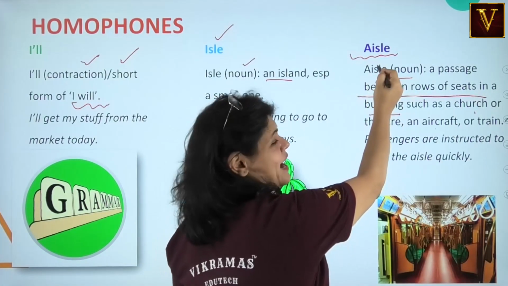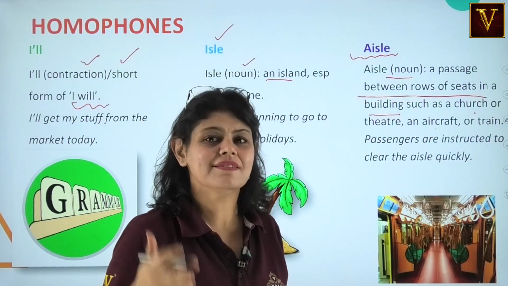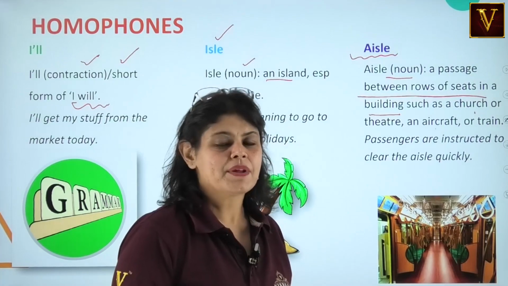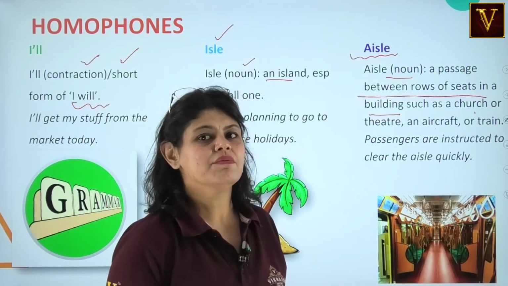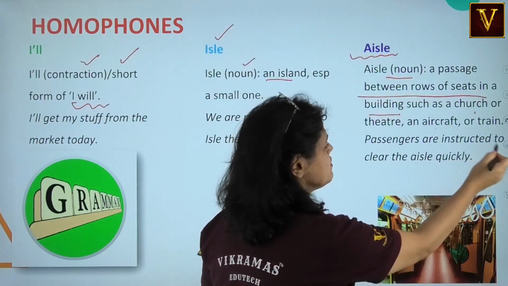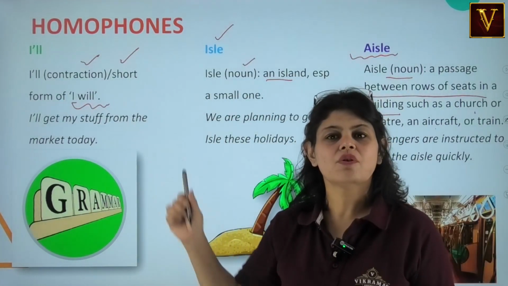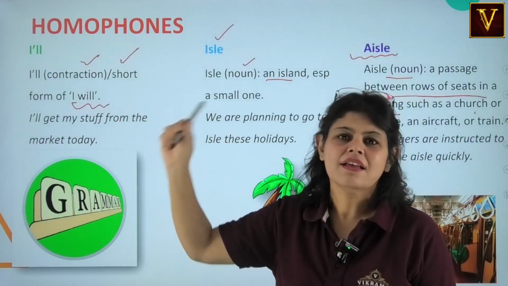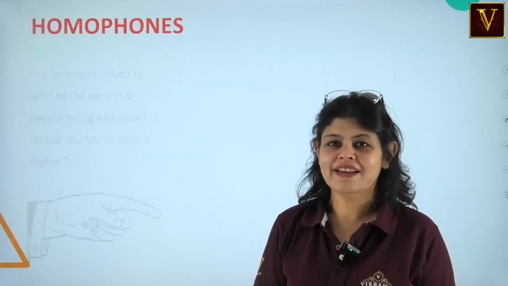Another one, A-I-S-L-E, when we talk about the passage between the seats, and the passage may be in the train, in an aeroplane, or in the church. So that time we write down A-I-S-L-E. Passengers are instructed to clear the aisle quickly, though the pronunciation of all three words is the same, right? Got it?